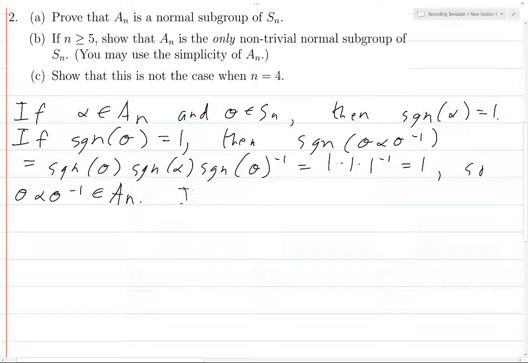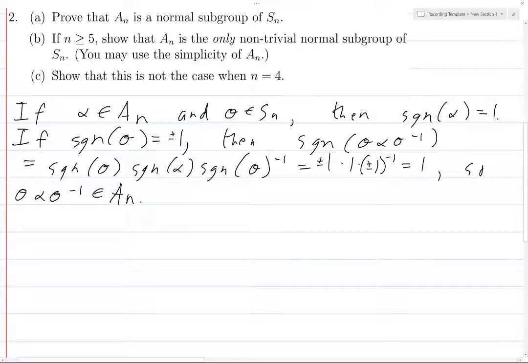So anyways, here's a cool trick. If the sign is plus or minus 1, then here we have plus or minus 1, and here we have plus or minus 1, and then the inverse of plus or minus 1.